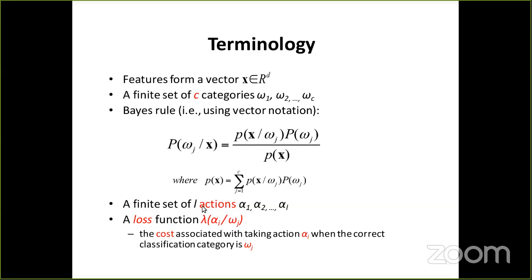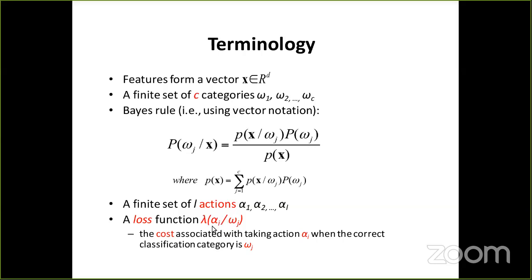And we have a finite set of actions. These actions can be classifications. So let's, for the time being, think of these actions to be classifications. Alpha 1 means that we classify the data to be in class 1, and alpha 2 means we classify the data to be in class 2, and likewise. Then we can define something called the loss function, and we represent it as lambda of alpha i given omega j.